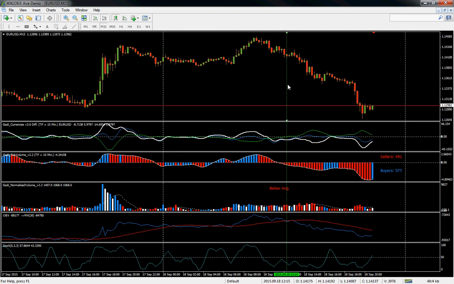So if we got in at that point there, if we were going short, where do we get out? Either it's gone against us, or we're in profit and we want to get out. Let me drag another line across. Can you see here where it's come up over the 50? That would be my signal to get out.